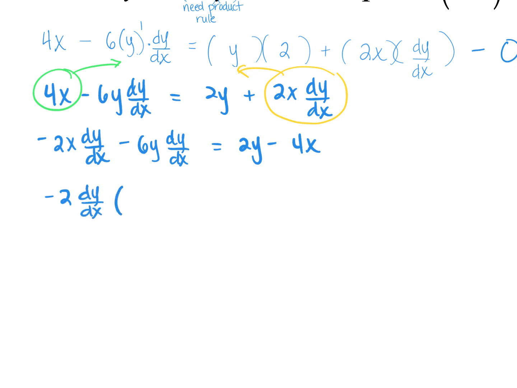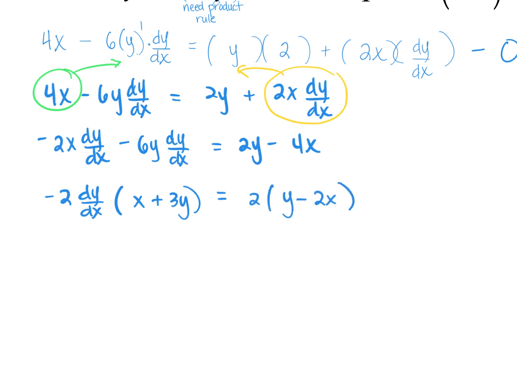And what does that leave me with? x minus, you took out the negative, plus 3y. Okay. On the other side, Brandon, on the right side, what do we have in common? 2. Leaving me with? 2 parentheses y minus 2x.